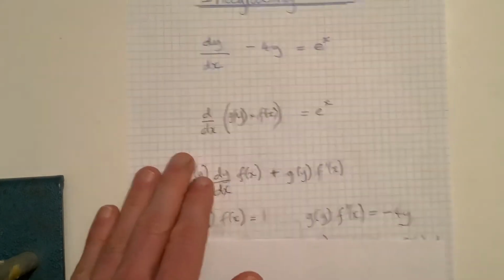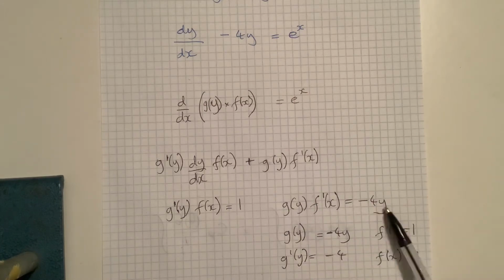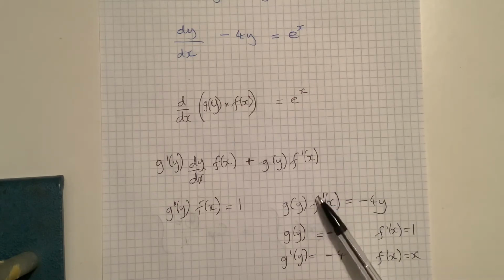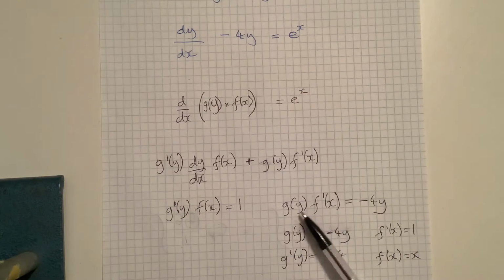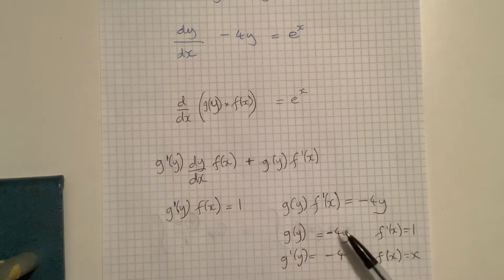So then, comparing here, I'm thinking that the g of y function, that's the function of y, could be the minus 4y, which if that were the case, would mean that this would have to be 1. Minus 4y times 1 would give the minus 4y. So I'm thinking that those could be possible functions.